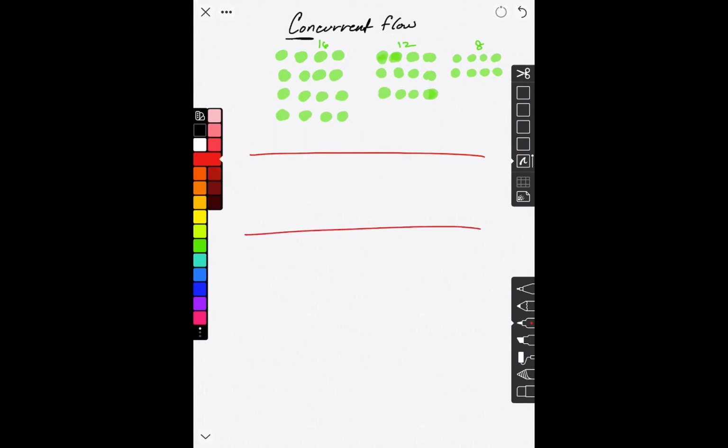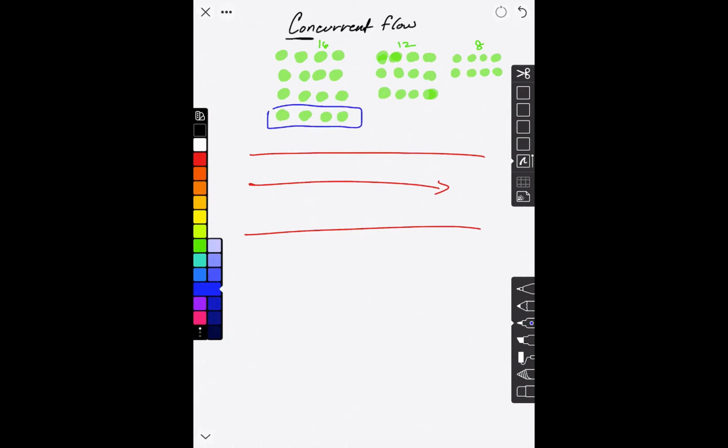In reality, what's going to happen is that we're not going to have enough time for all of that stuff to reach equilibrium. So instead maybe 4 of these guys will be able to make it over here. Okay. When we reach this point here, half of 12 is 6.